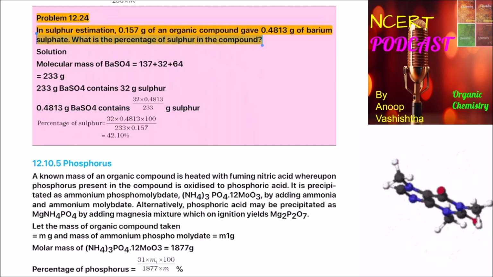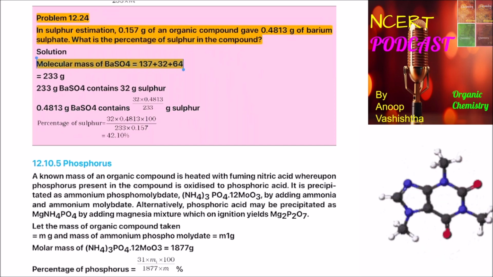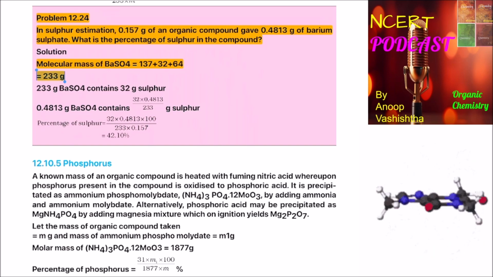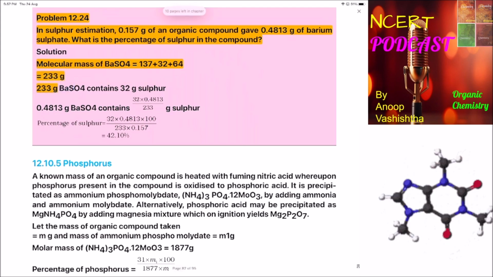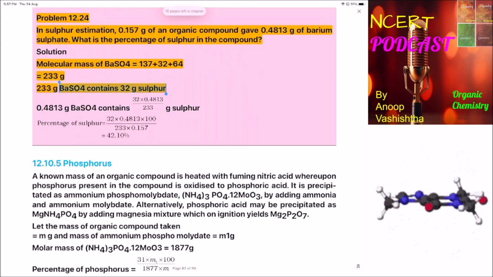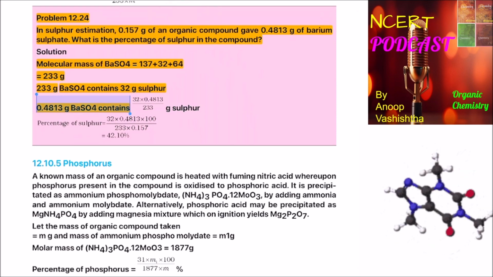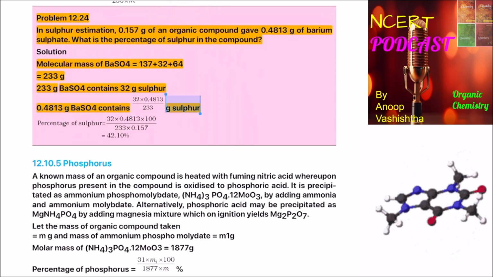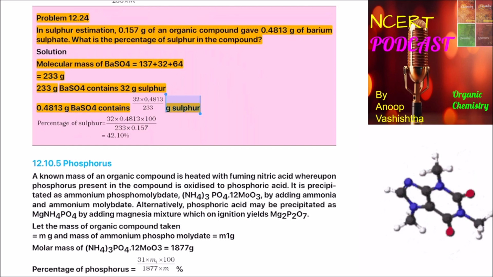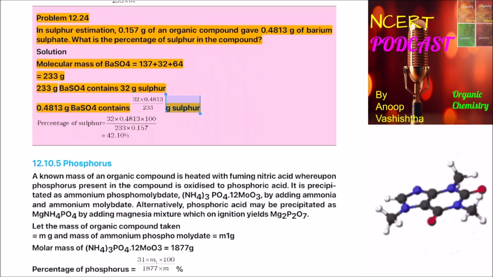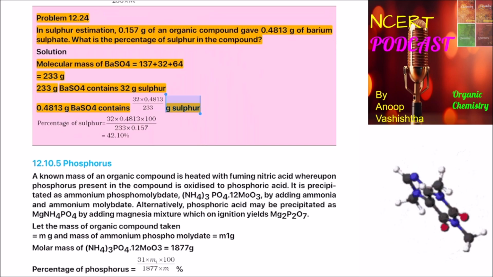Molecular mass of barium sulfate is equal to 137 plus 32 plus 64 is equal to 233 grams. 233 gram barium sulfate contains 32 grams sulfur. 0.4813 gram barium sulfate contains 32 into 0.4813 divided by 233 gram sulfur. Percentage of sulfur is 32 into 0.4813 into 100 divided by 233 into 0.157 is equal to 42.10%.